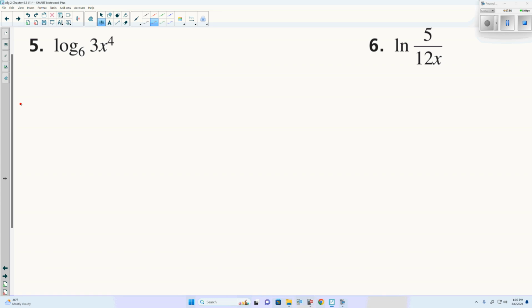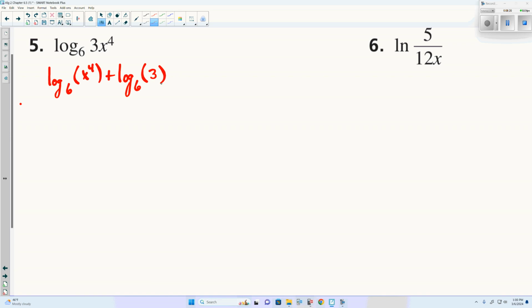And if we use the product property on this, we'd have log base 6 of x to the fourth plus log base 6 of 3. Because since we have 3 and x to the fourth being multiplied together, we can write it as the addition of the two logs: log base 6 of x to the fourth plus log base 6 of 3.